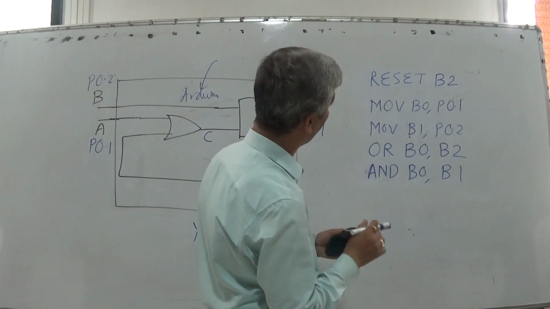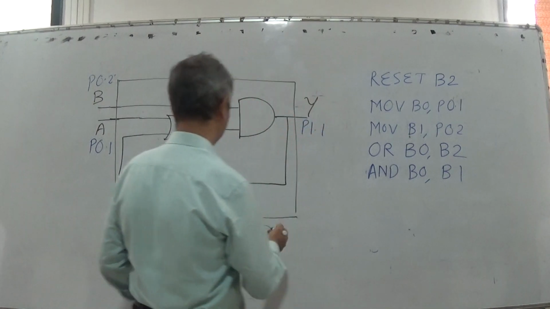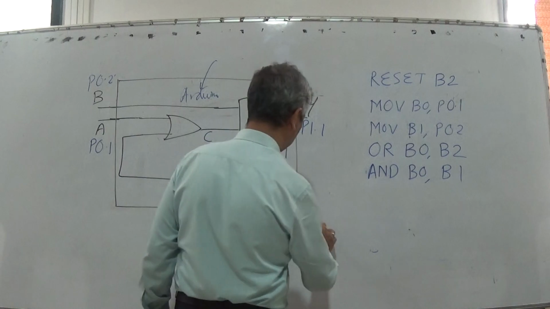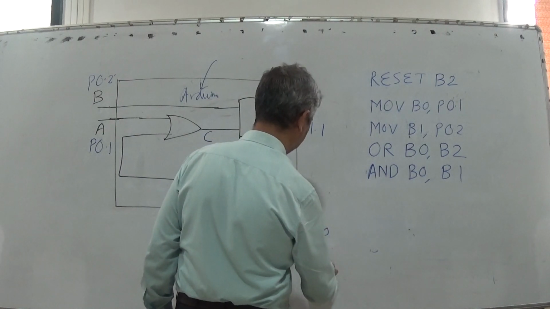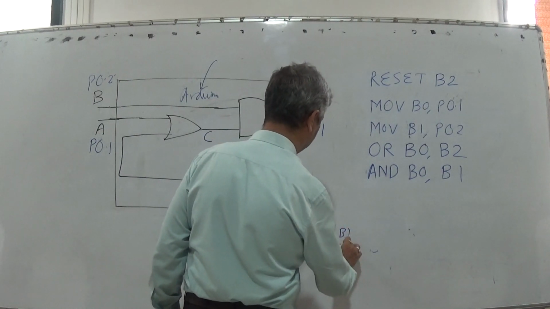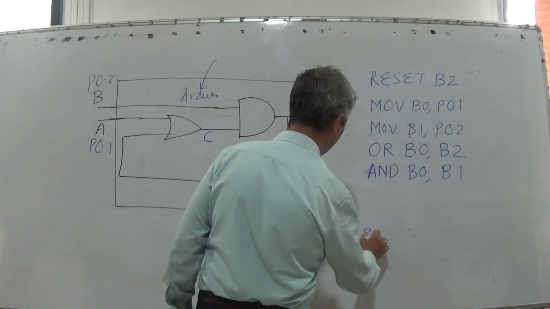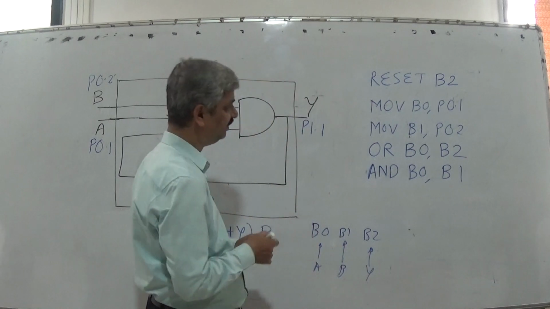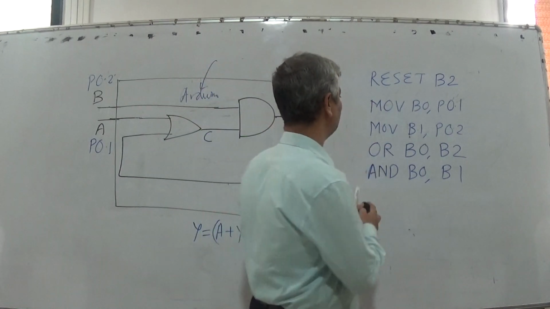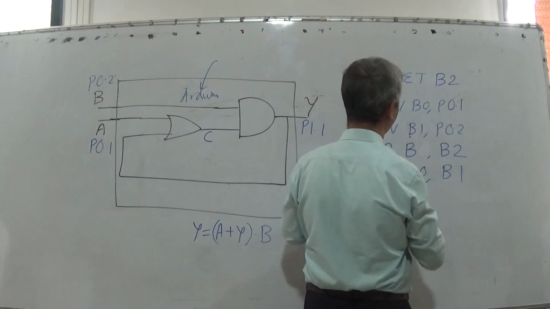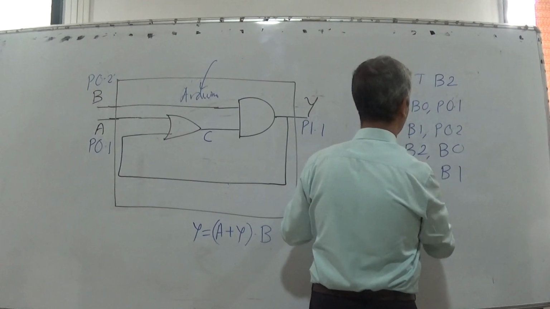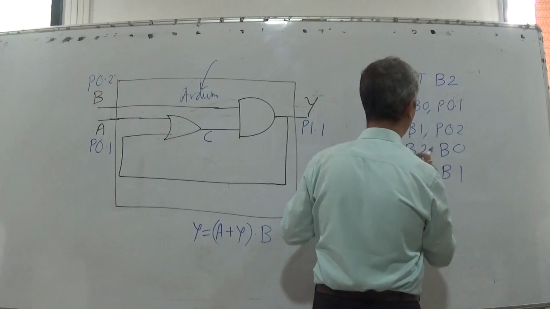Actually, the B0 bit is pin A, the B1 bit is pin B, and the B2 bit is pin Y. So instead of this, a better way is to keep the destination as B2, and have B2 and B1.